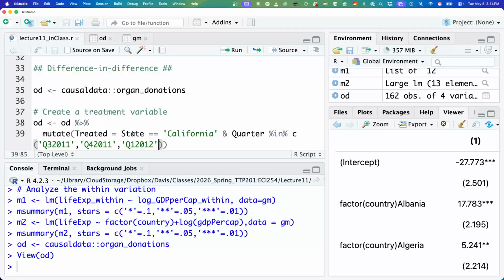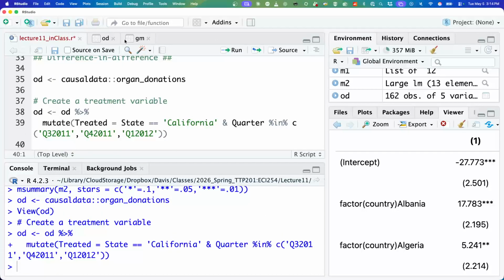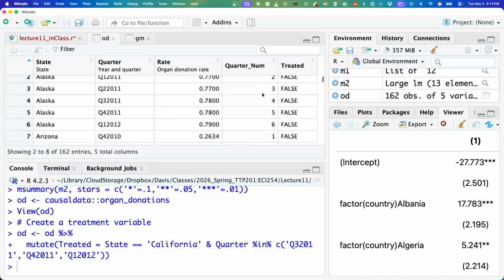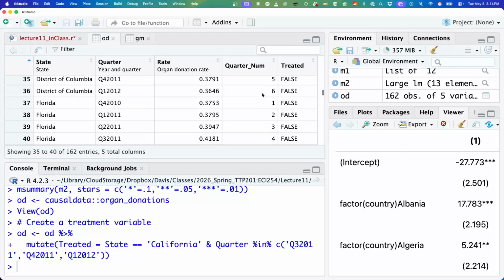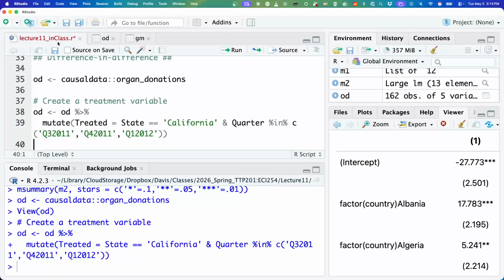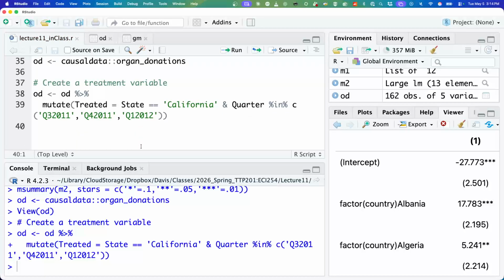And I think the data goes up through quarter 1 of 2012. So if I do this and I revisit my OD, it's false everywhere except for the state of California in those couple periods that we specified, right? And that is essentially our treatment group.